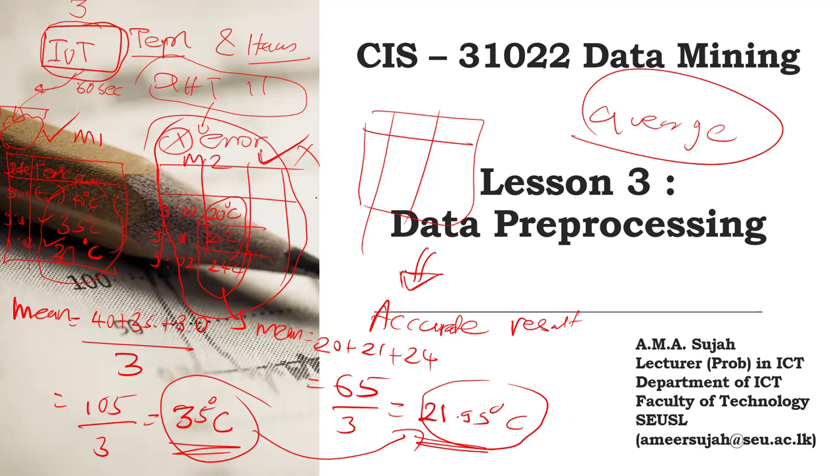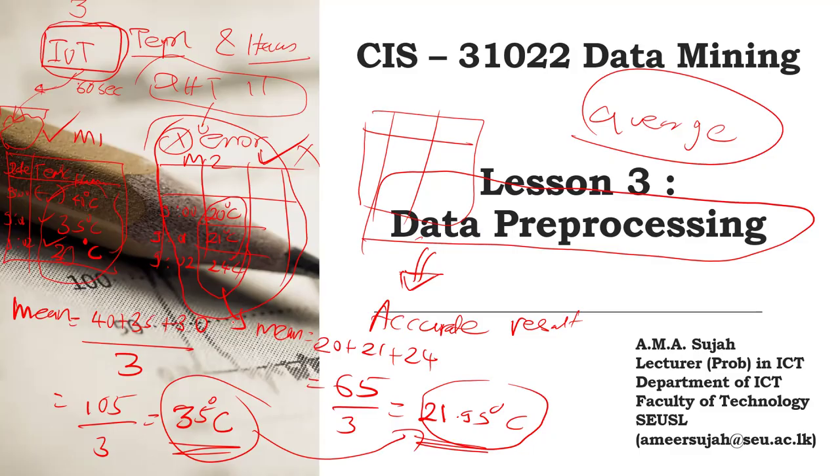So what you need to do first of all, in the data pre-processing, we can do these types of things. There are different things we can do in data pre-processing. First of all, you need to apply all the data pre-processing techniques. Then only you can move on to the remaining data mining or model training part.